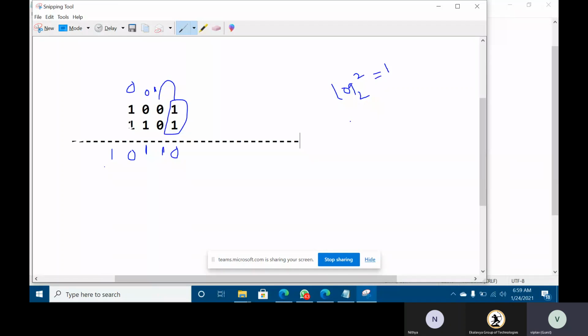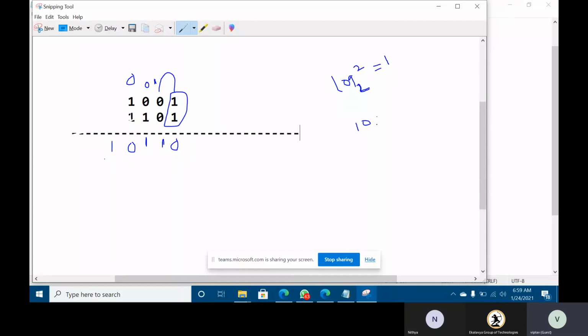Now if you have log base 2 of a power n, that will be represented as n log base 2 of a.